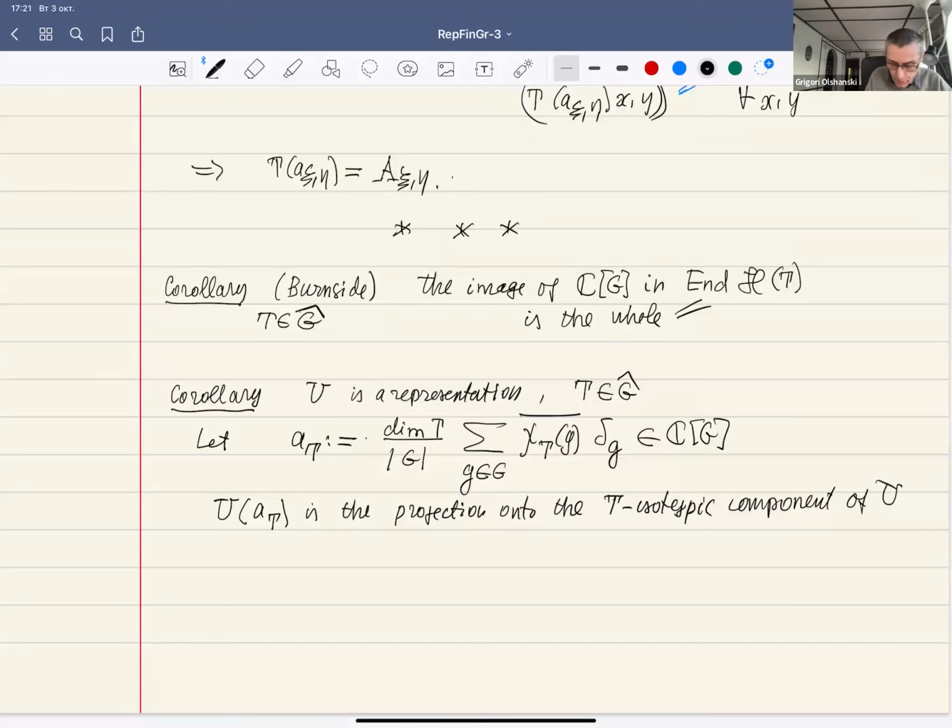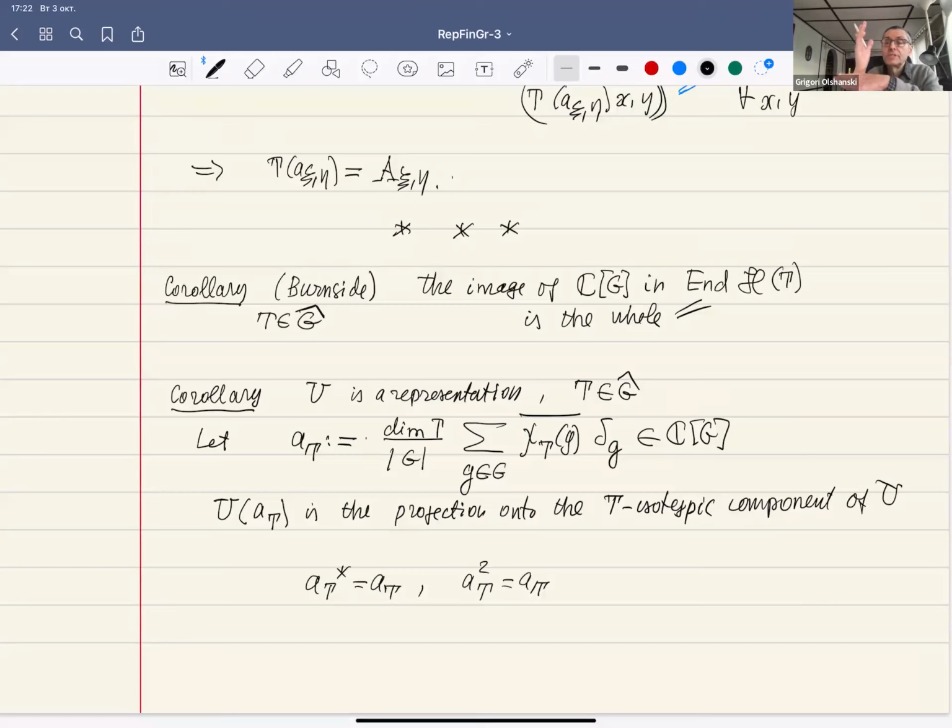These elements are self-adjoint, and they are idempotent, which means that in any representation, this is a projection. A self-adjoint projection, or we can say an orthogonal projection on a subspace.